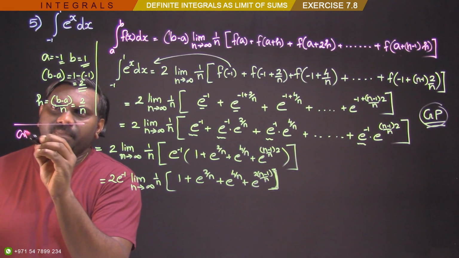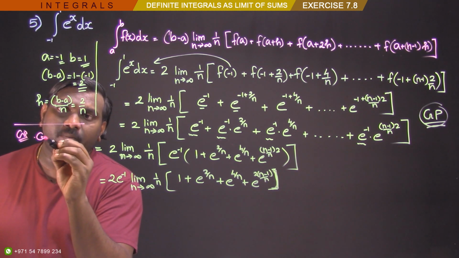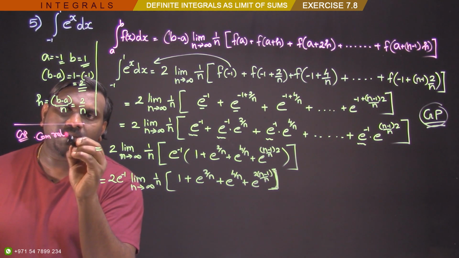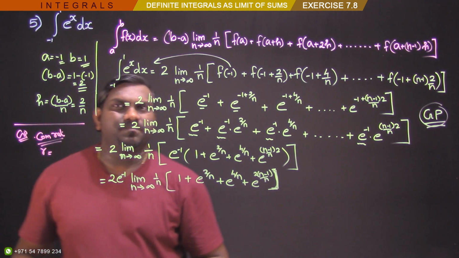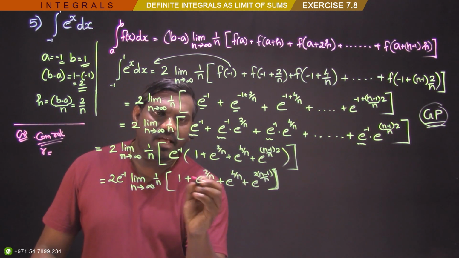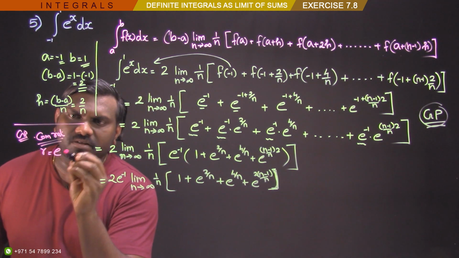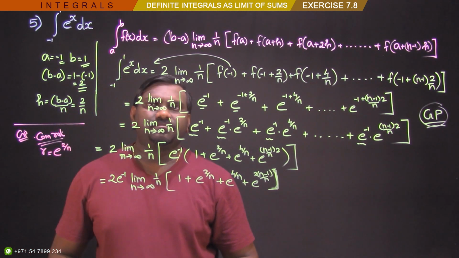GP, you need to know what is the common ratio, which is R. What is R? When you divide these two dear or any one of this, you will get to see that your e raised to 2 by n is R.